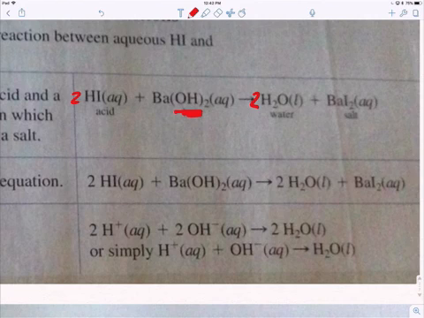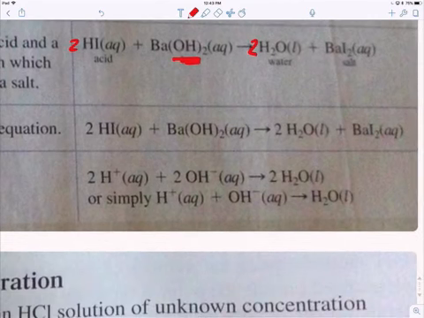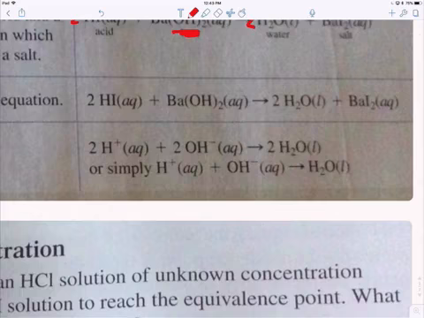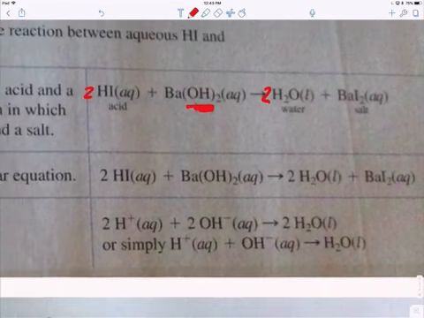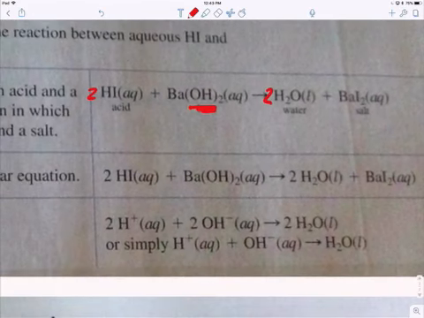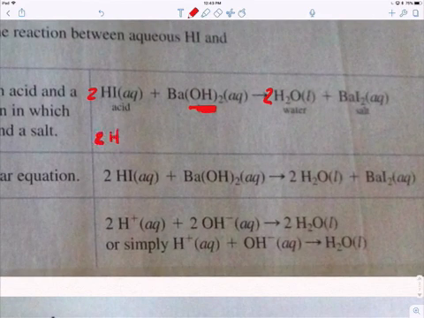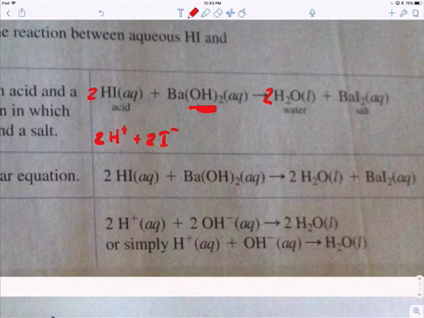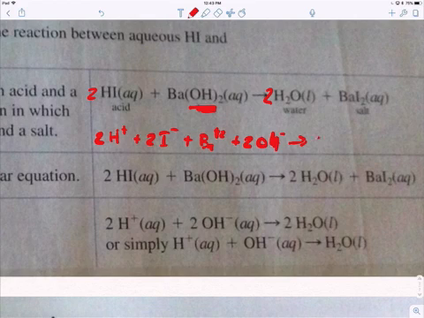The other thing, if you know it's an acid-base reaction, acid-base makes water and salt. And that's what the next line is, what I just did. To change this to the complete ionic equation, we're going to have 2H plus, 2I minus, and I'm implying these are both aqueous, plus barium plus 2OH minus, yielding 2 waters.